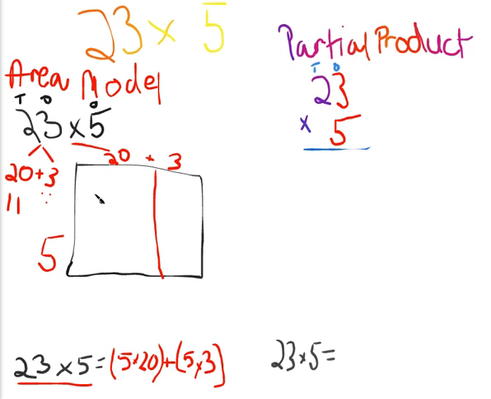All right, so since we're multiplying everything times 5, I say that we put 5 in the box in this area model, and there would be 20 columns here. So 20. And that is one combination. And then in this area model here, we're going to say that there are 5 rows.